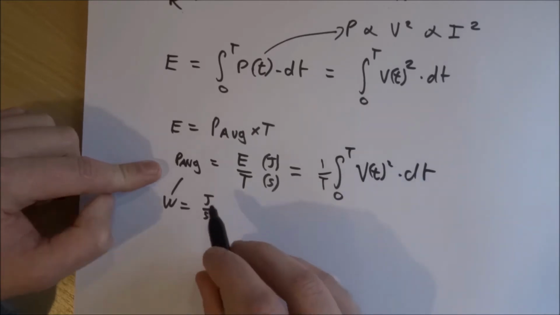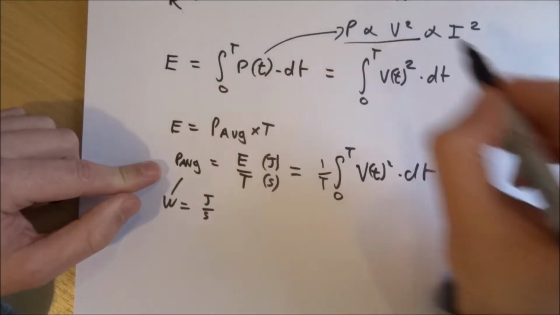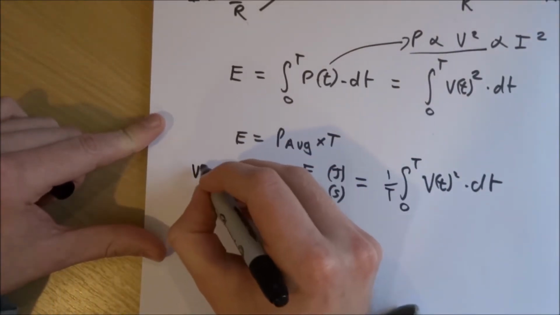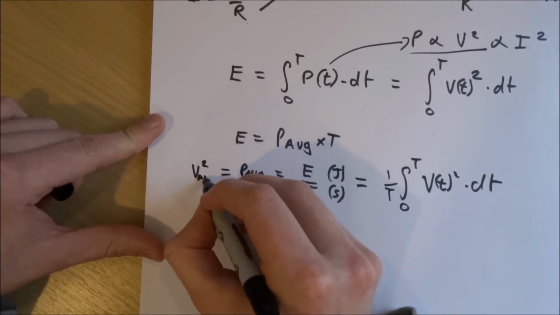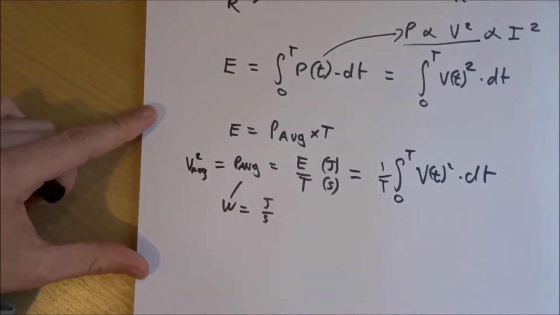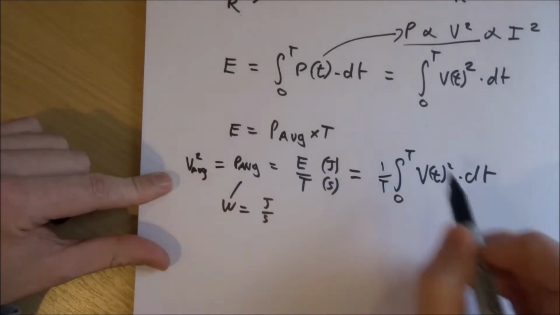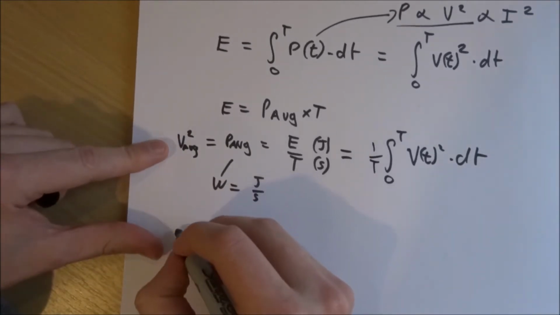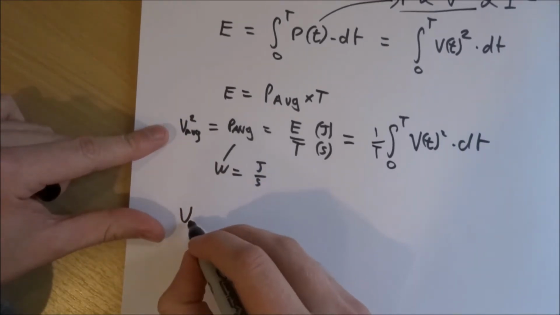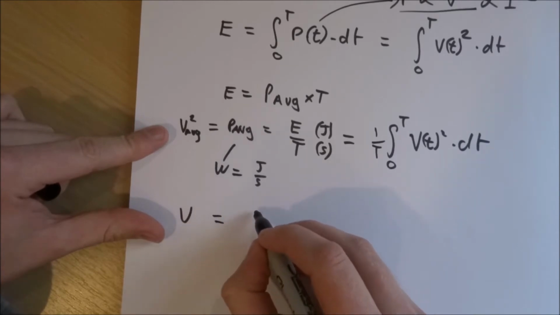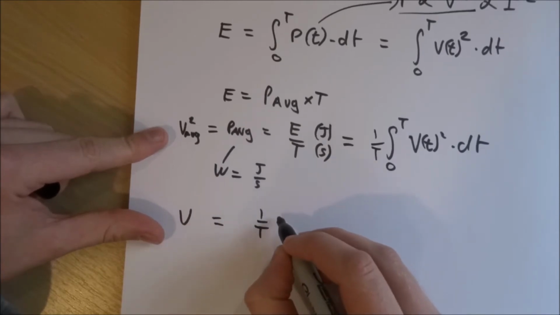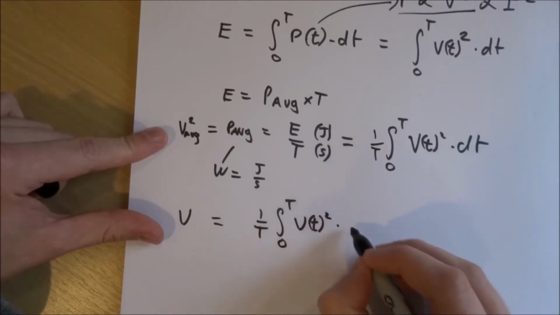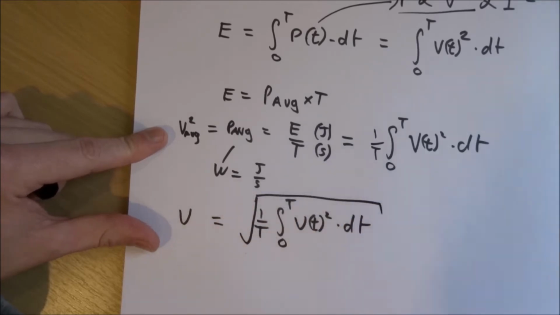But of course, power, again, is proportional to v squared. So we could also say that the average power is equal to the average voltage squared. And then finally, we bring the square over, because we don't want volts squared, which is power, we want volts. So to get the volts back from the power, we simply unsquare it, and that gives us the average power, which is given by this equation, and we take the square root of the whole thing.